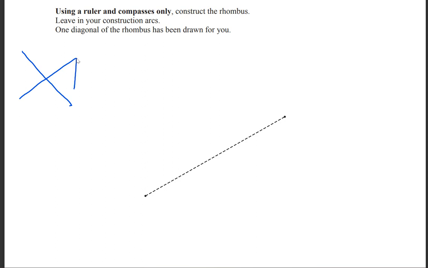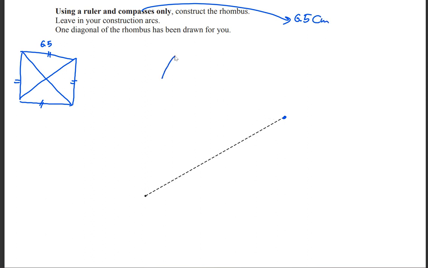And then these are the four sides, and the four sides are what? From the properties of the rhombus, they are equal to 6.5. So what I have to do is hold here like this, and then open your compass to 6.5 centimeters and draw an arc up here and down here.